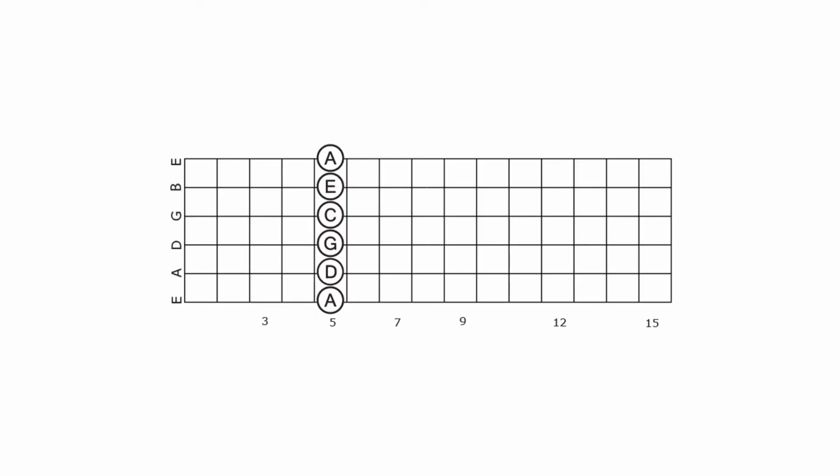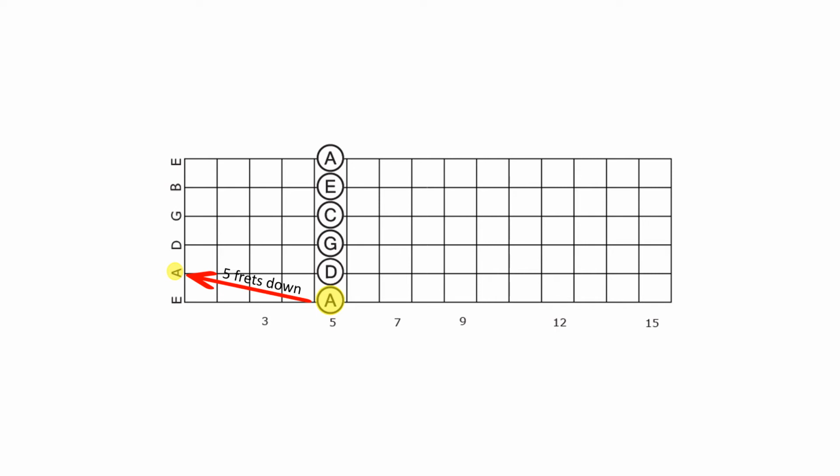Now let's use an example to try this logic out. Let's take a look at fret number 5. If we hold down all of the strings on fret number 5, we get the notes moving from top to bottom: A, D, G, C, and E. If we look at the open A on the 5th string, we can see that it is 5 frets below the A on the 5th fret of the 6th string.